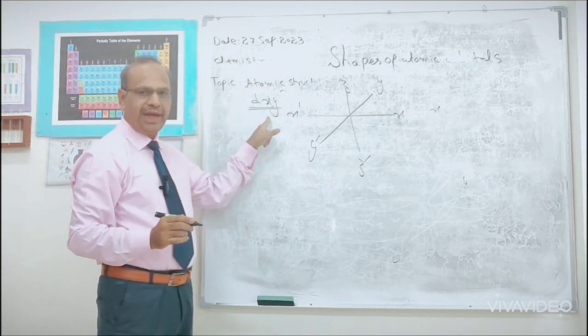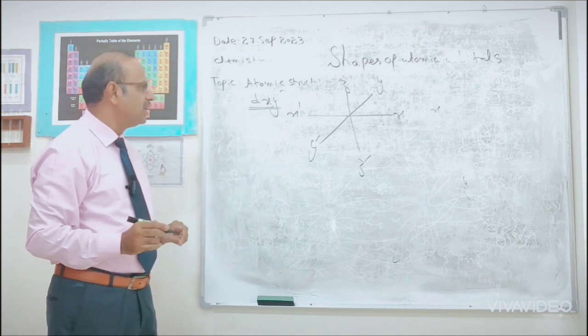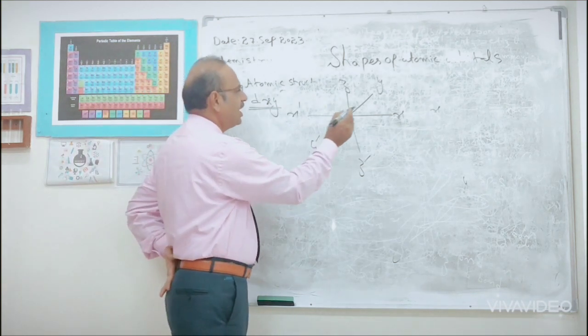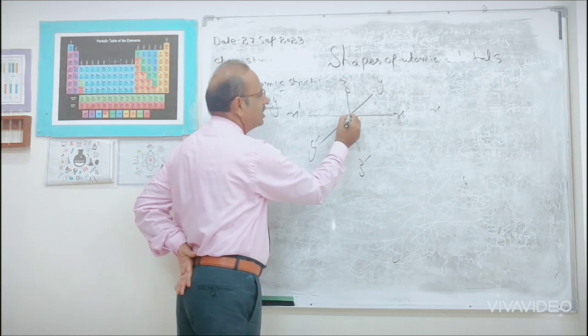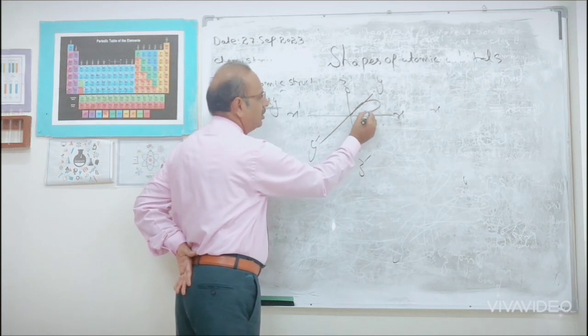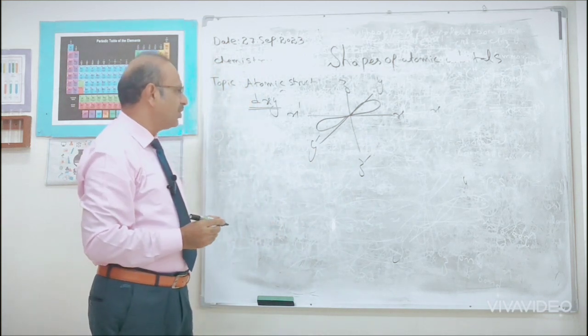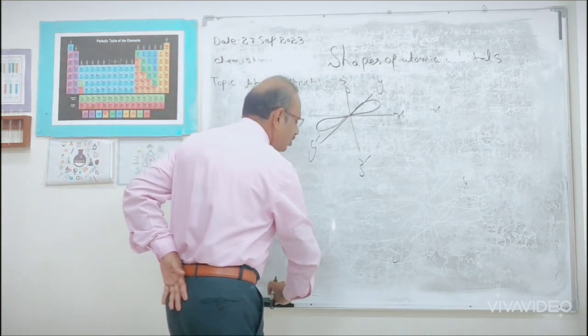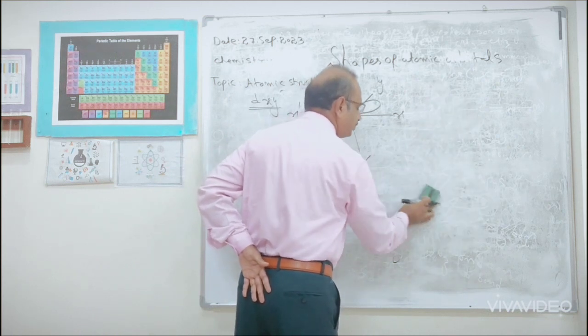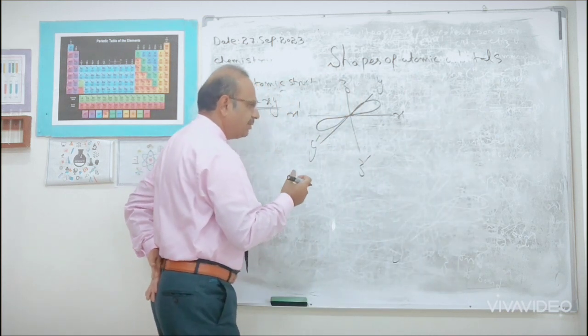To show the dxy orbital, it should be in between x and y. Look, so it is dxy.